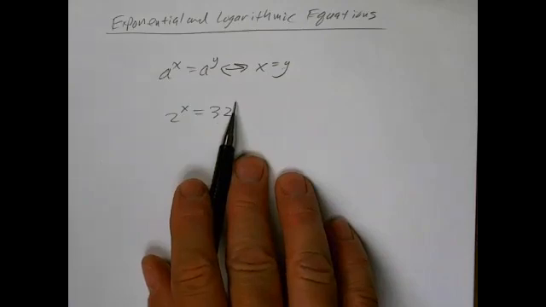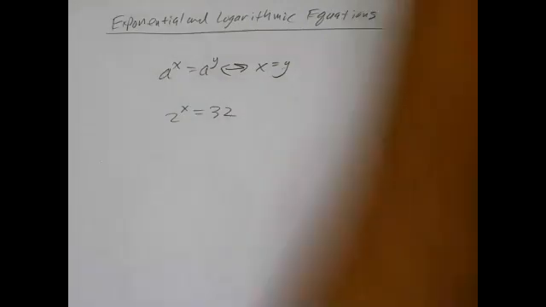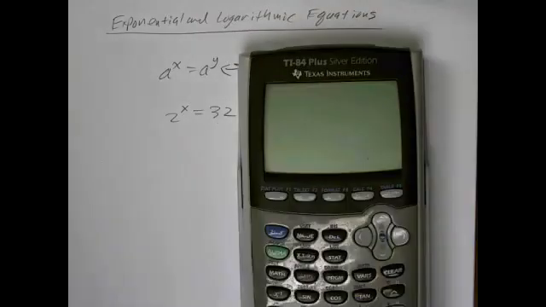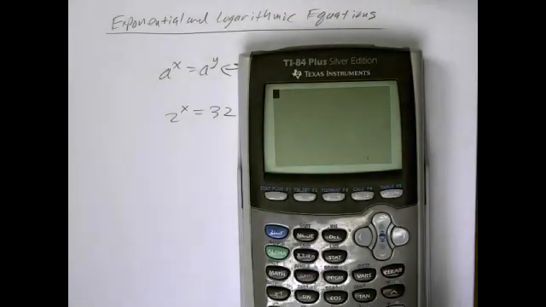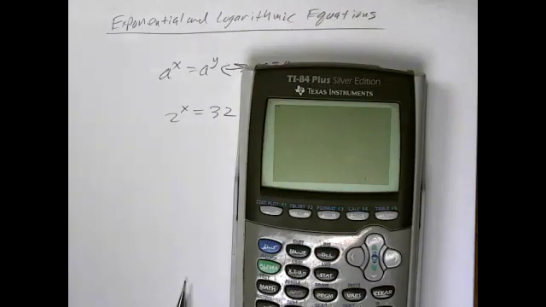Now, if you remember that 32 can be achieved by raising 2 to subsequent powers: 2 to the third is 8, so that's not what we're looking for. 2 to the fourth is 16, so that's not what we're looking for. 2 to the fifth is 32.